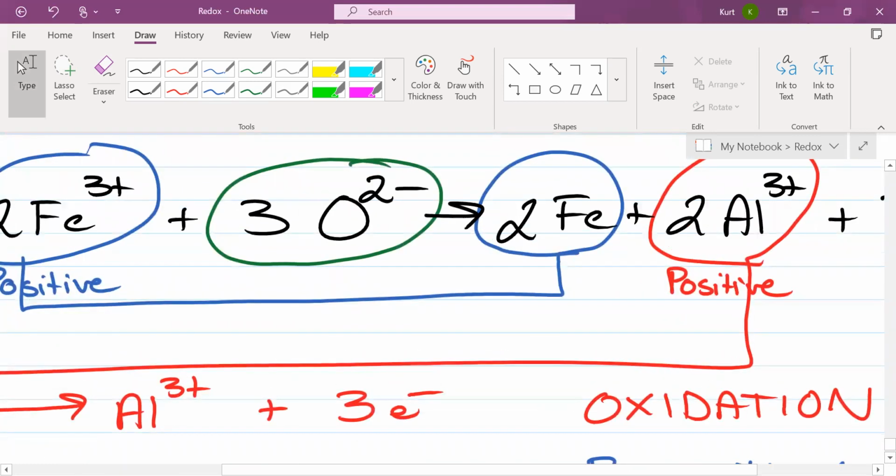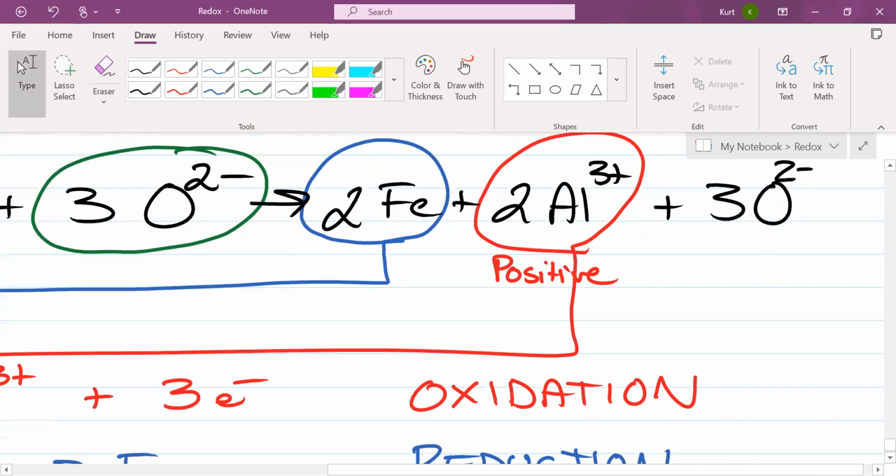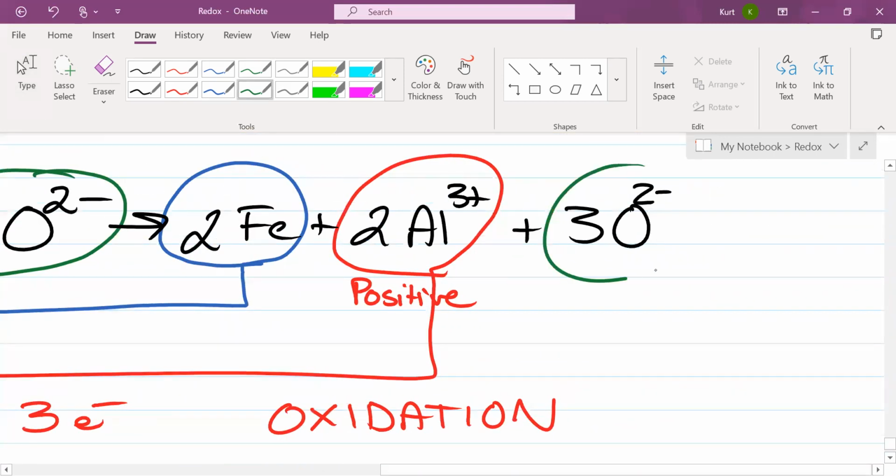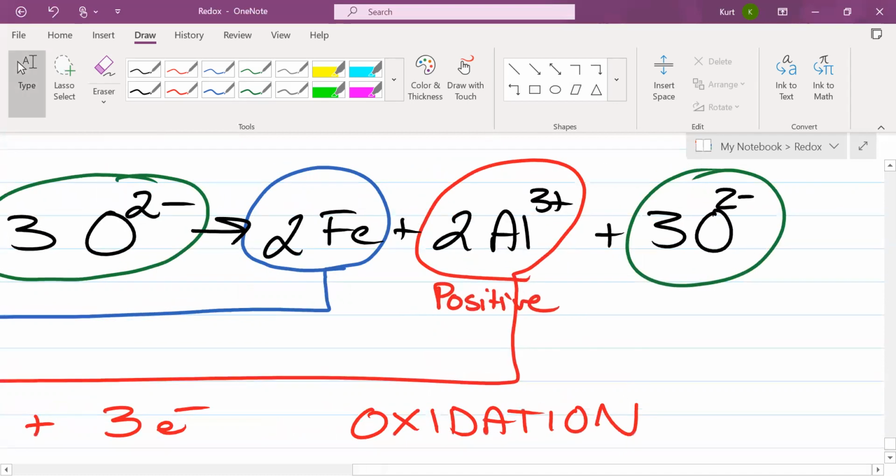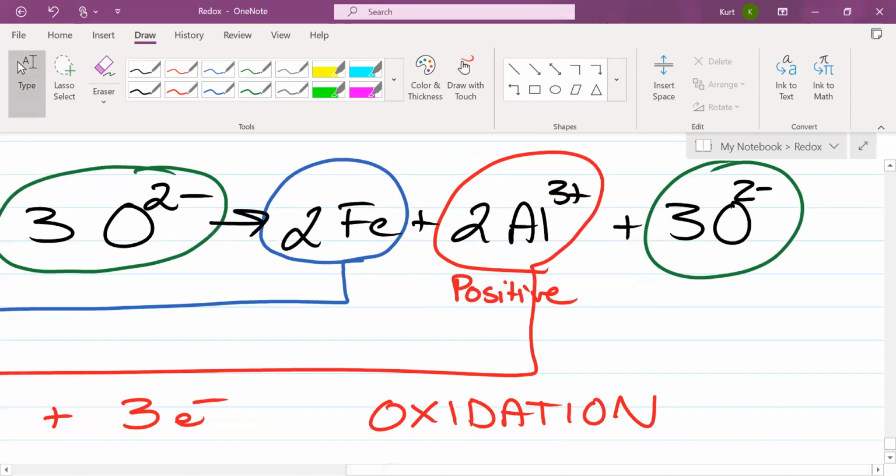Is it positive, negative, or neutral? Negative. All right. What is the charge of the oxygen on the product side? Did this oxygen experience a gain of electrons, a loss of electrons, or no change?